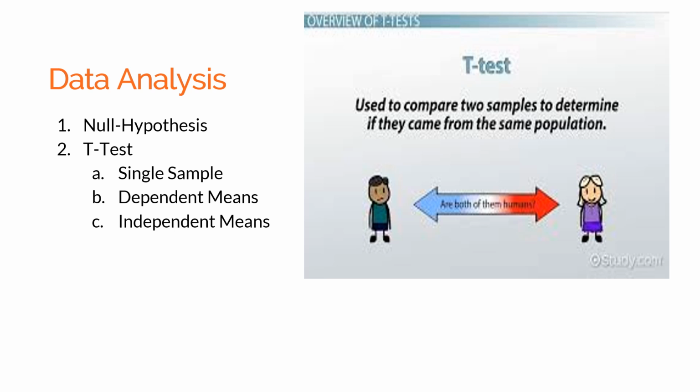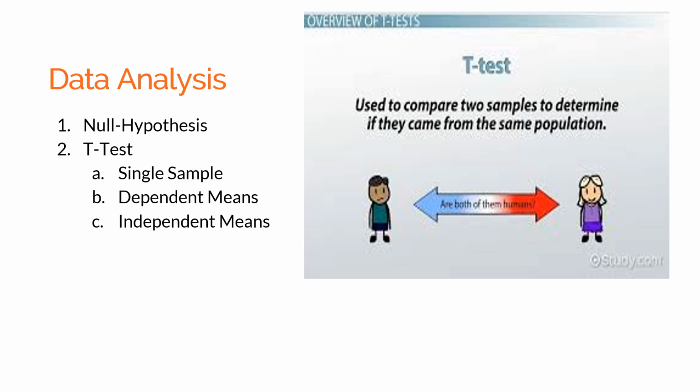You can use the same group and use their scores previously and then post, and you would see the difference in the means and if the program or treatment was effective. This is usually found in quasi-experimental forms.